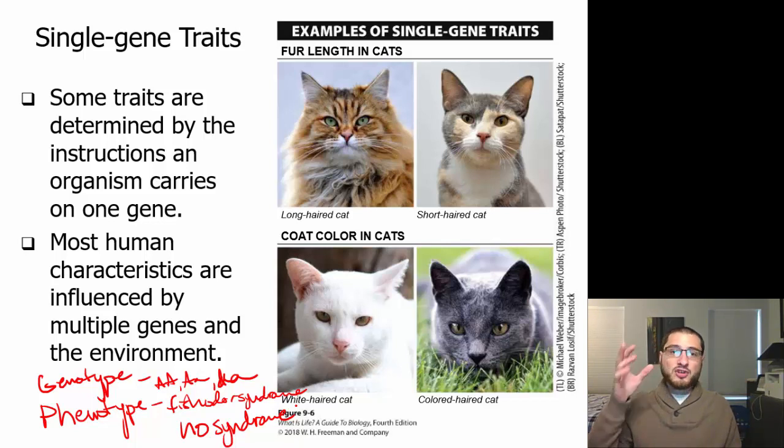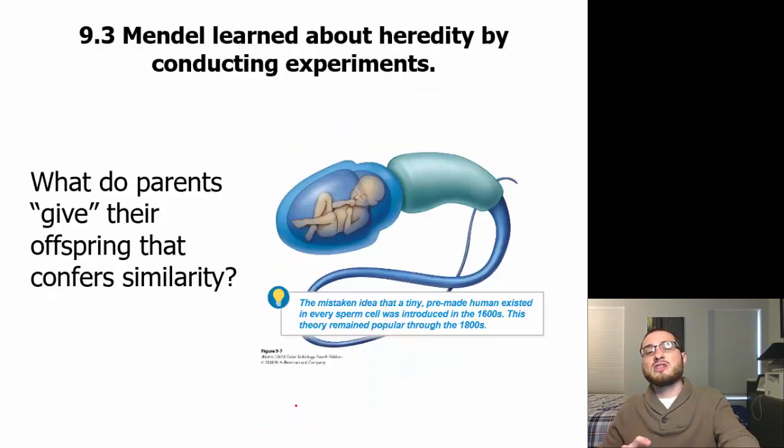So fur length in cats, coat color in cats, these things are based on a single gene. What allele did you get for that one gene is going to dictate your coat color. Are you white? Are you gray? Are you black? And for length, are you long hair, short hair, based on one gene.